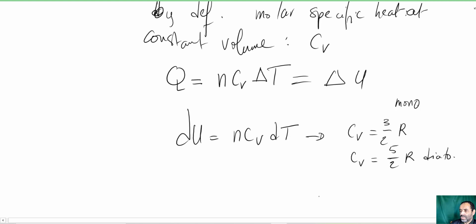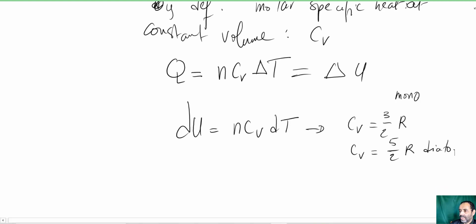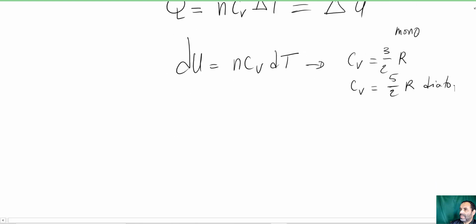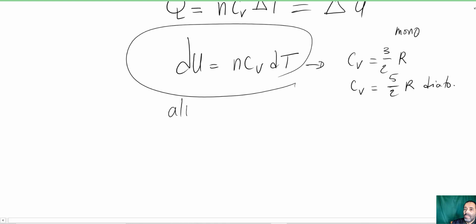And for a polyatomic gas, it is going to be a number that you can find later on. Okay, so this is from the previous chapter. So that's basically the expression. This expression is true always. In particular, if we go back to the previous case, so the point here is that it's always true, this expression: dU is equal to nCV dT.